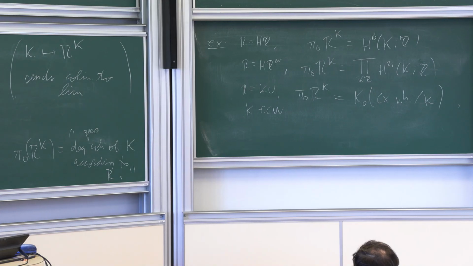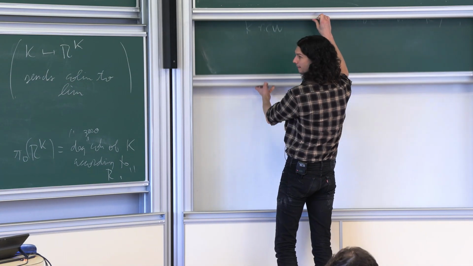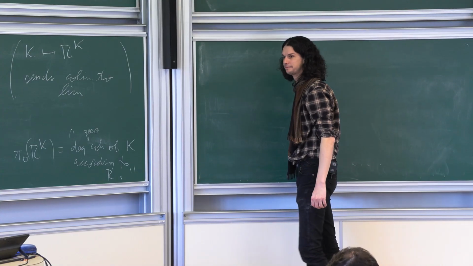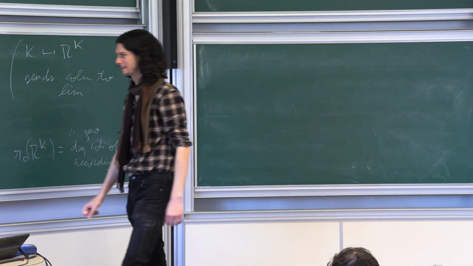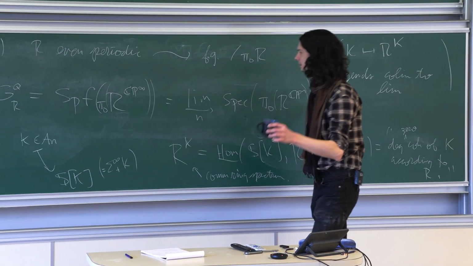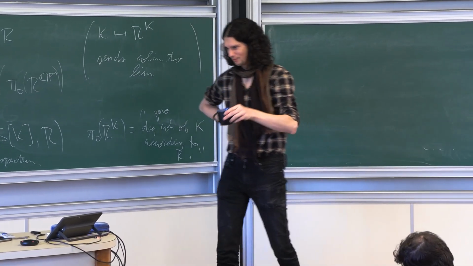So we can also think of the space of functions from CPN to R. It depends only on the connected part of the spectrum. That is correct. So you can think of it as a kind of function space, and then you can try to calculate it using Postnikov invariants.